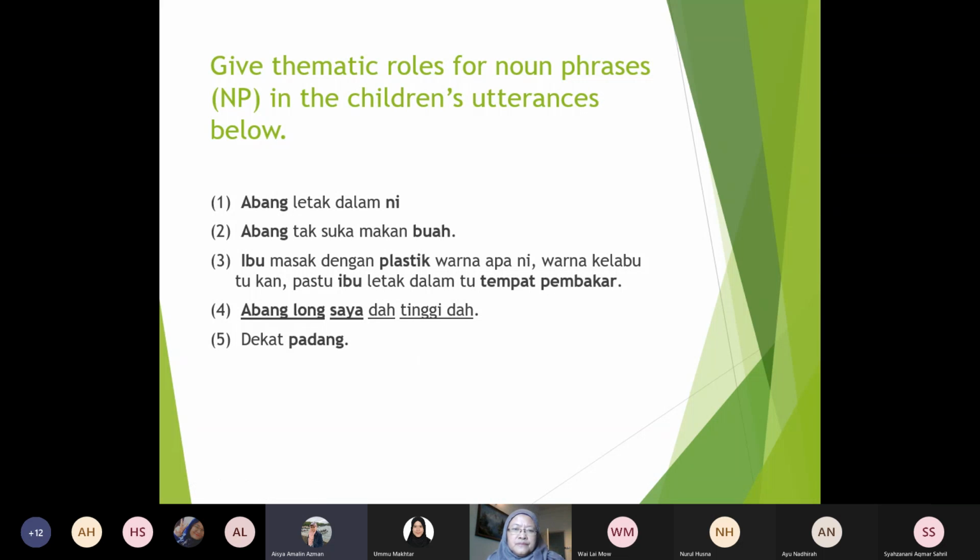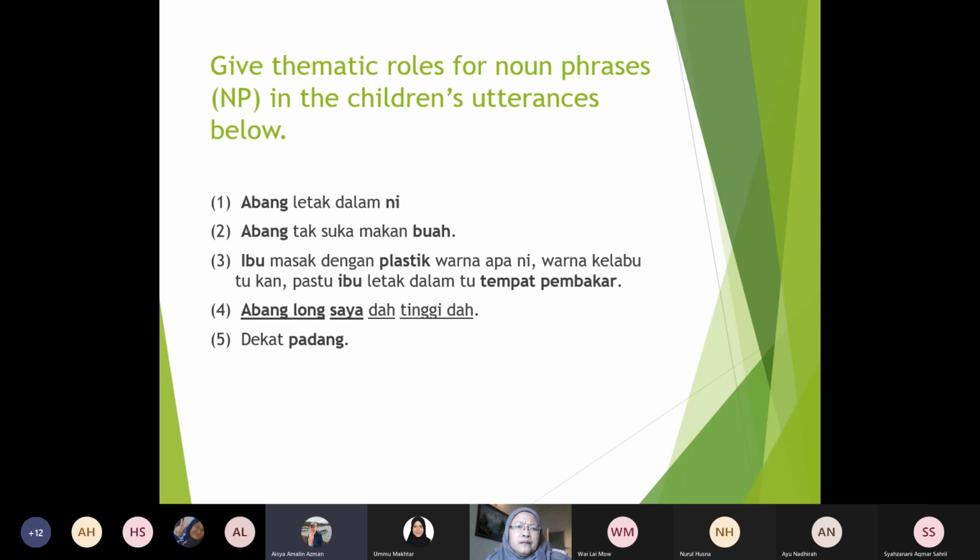So then we have to figure out what kotak ni is. Maybe its determinant. Kan? Determinant. So in that sense, then sekarang kita ambil yang kotak ni. Jadi yang ini kita panggil apa? What is the thematic role do you think?